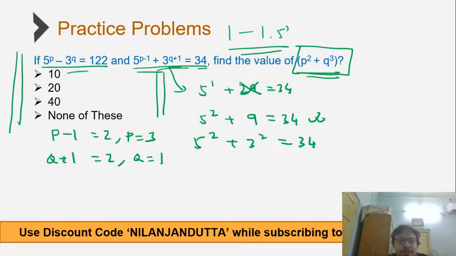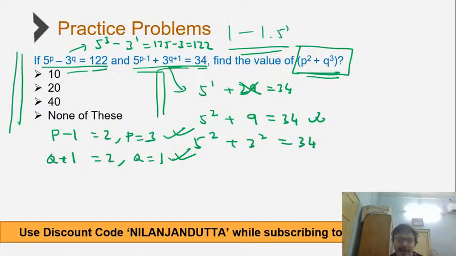So what does this expression become? 5 to the power p, that is 5 cubed, minus 3 to the power 1, that is 125 minus 3, which is indeed equal to 122, which means the value p equal to 3, q equal to 1 is satisfying.